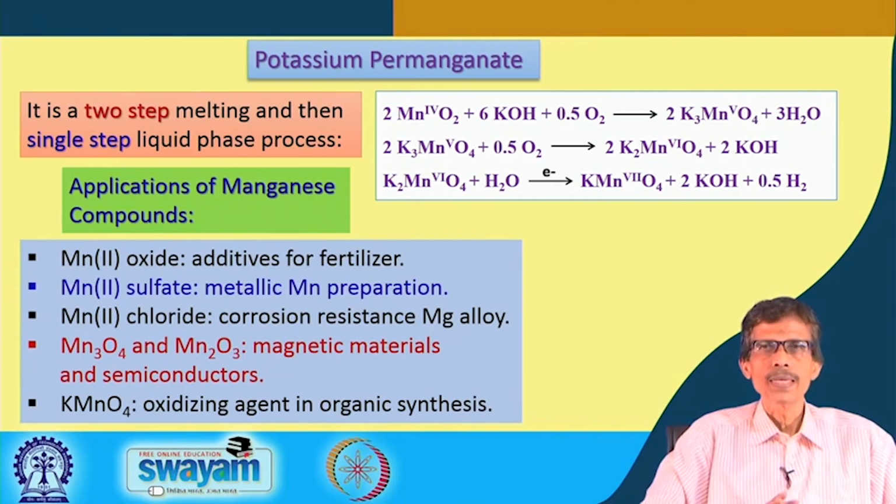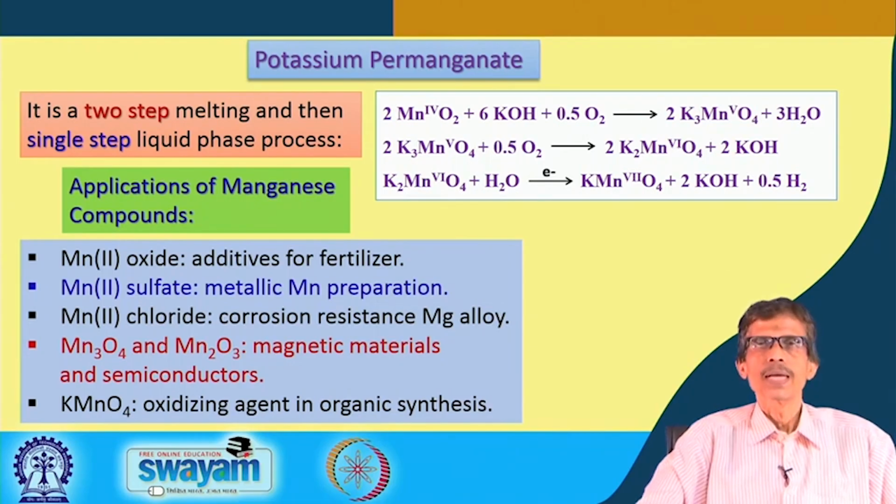Then simple manganese sulphate salt, MnSO4. Just now we have seen that if we go for electrolytic production, that means the electrolytic reduction of manganese from its bivalent or trivalent state, we go for its electrochemical reduction. Sulfuric acid is the electrolytic medium.